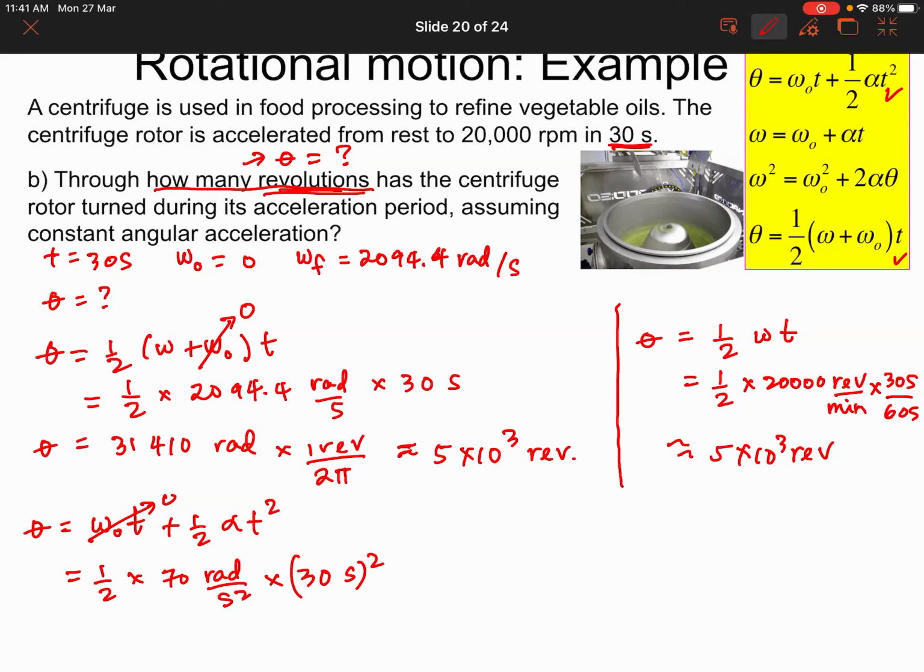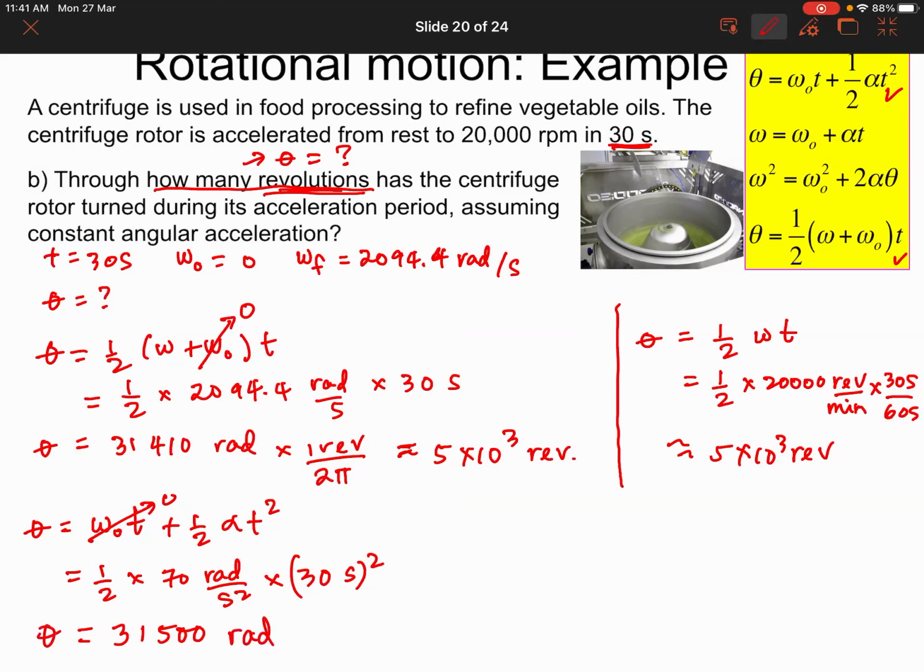Right? This would give you somewhere close here. So that will be 70 times 30 squared times 1/2, 31,500 radians.